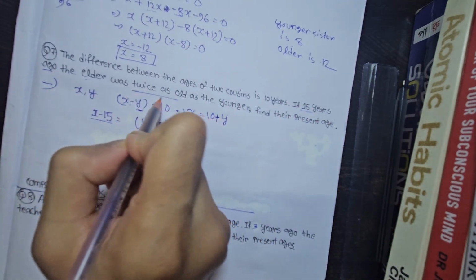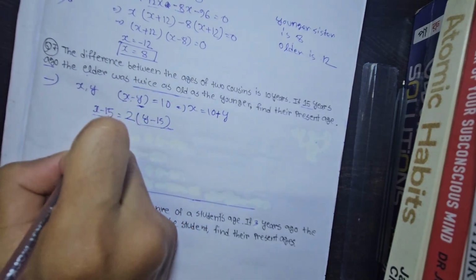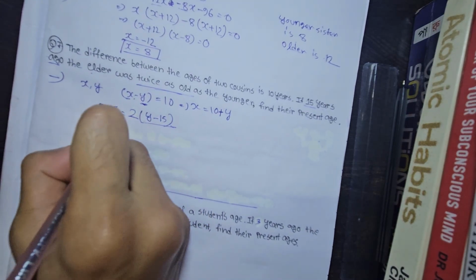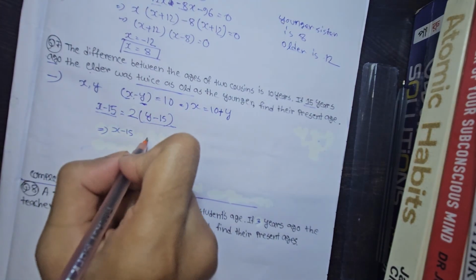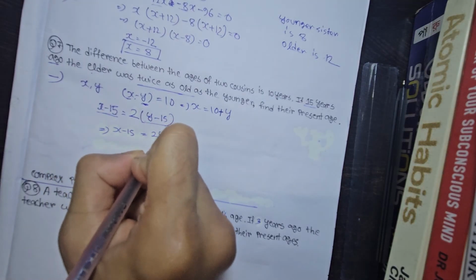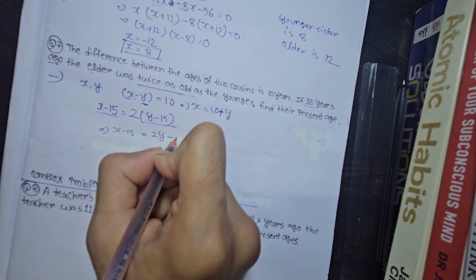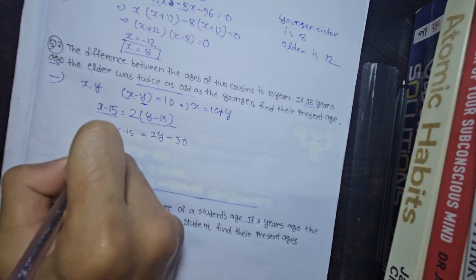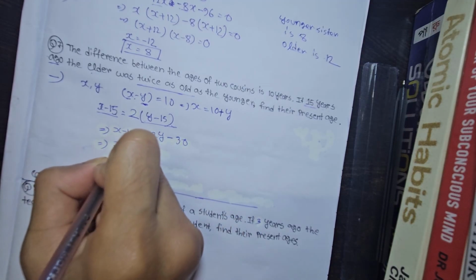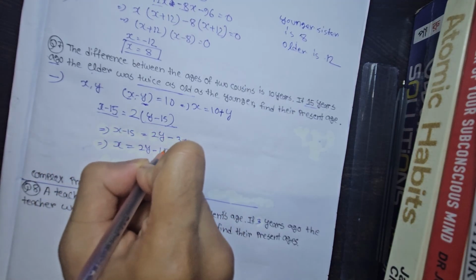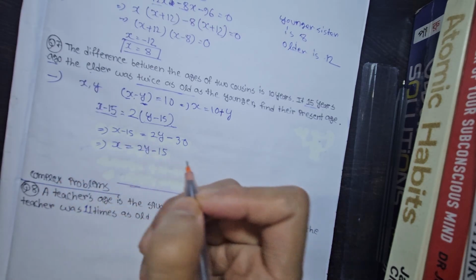Now they are saying twice as old, so it will come to x minus 15 equals to 2y minus 30. So x equals to 2y minus 15, because it would go to this side and become plus.